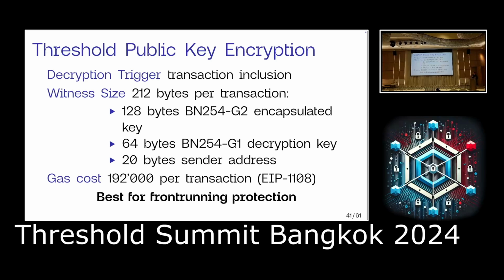We need 212 bytes: 128 bytes and 64 bytes for elliptic curve points, and 20 bytes to include the sender address, because otherwise there's a dependency: you can't decrypt without the sender address, but you can't get the sender address without decrypting. And it costs 192,000 gas to verify a transaction, which is something we should additionally charge to people who do transactions to account for the additional computation.